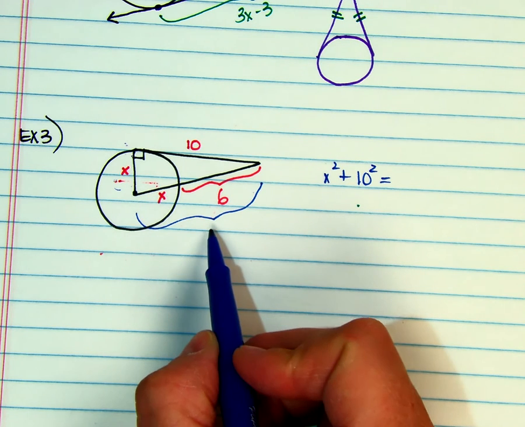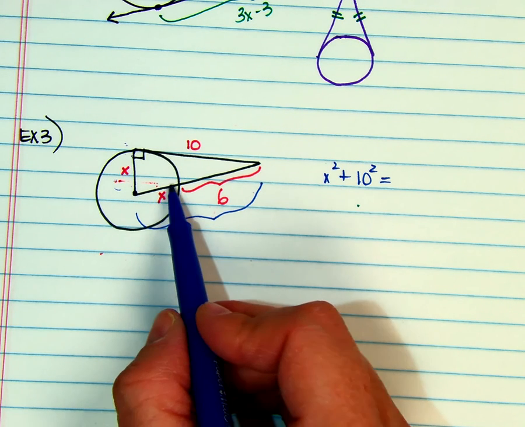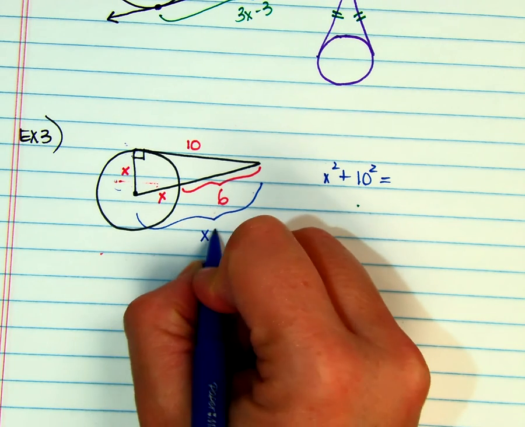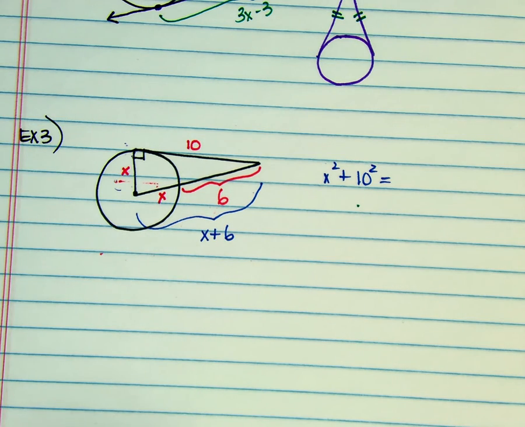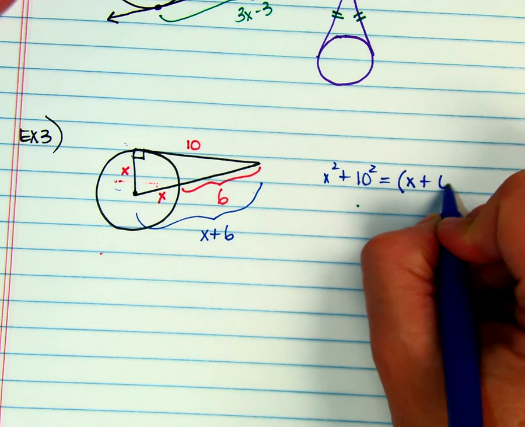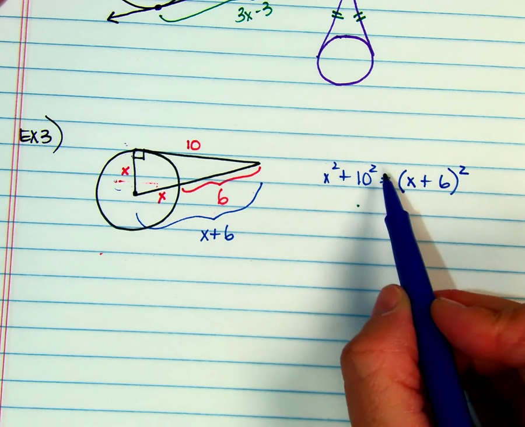This is not 6x. If this is x and this is 6, the whole piece of it is x plus 6, not 6x. So I need to square my whole hypotenuse. You're going to have to remember how to square a binomial.